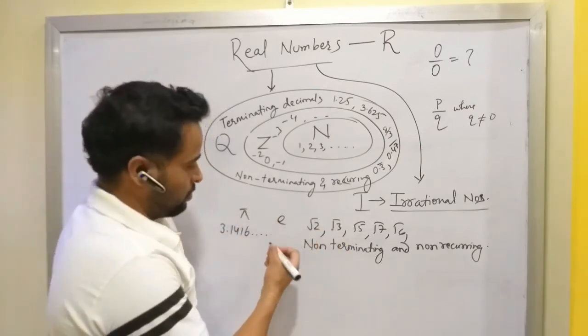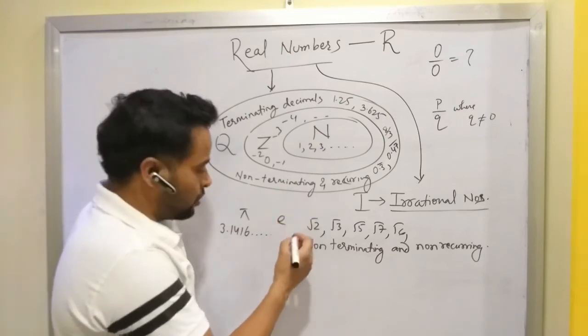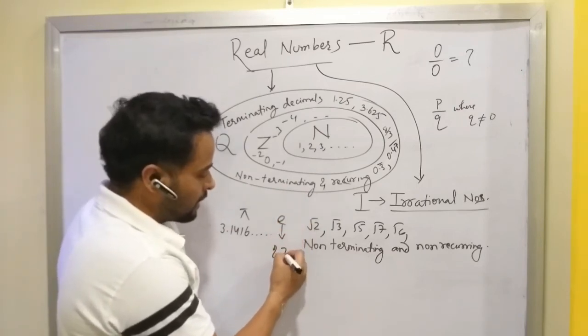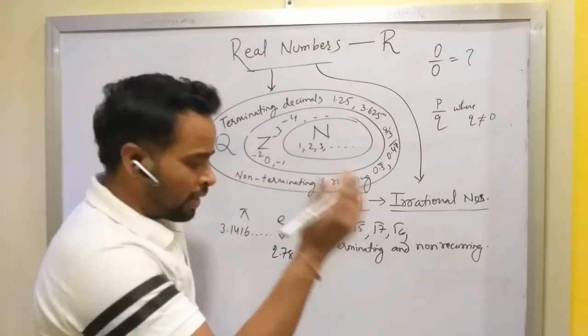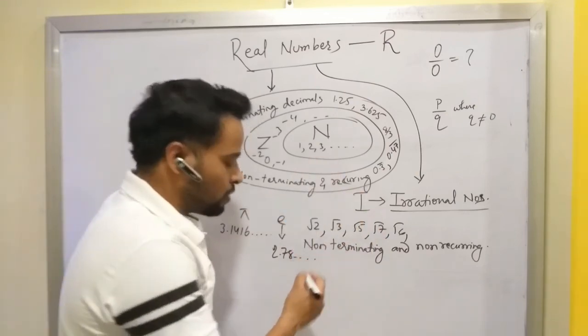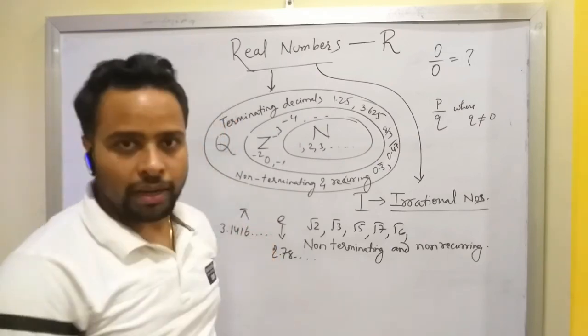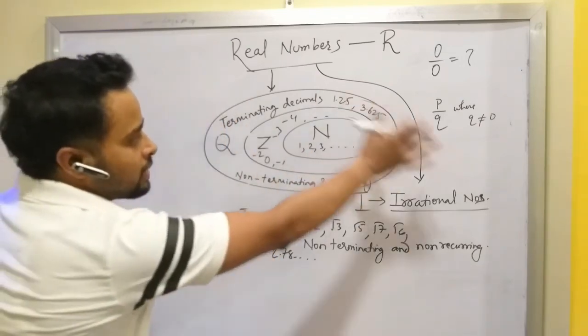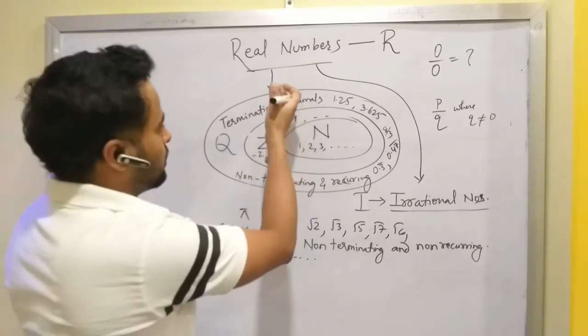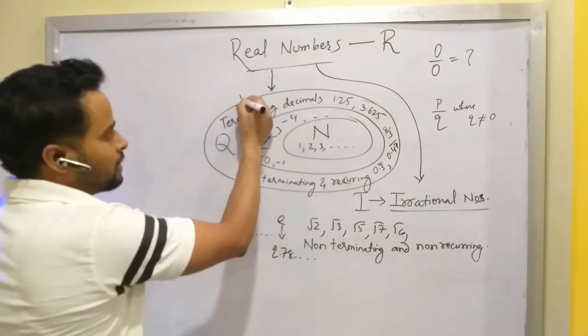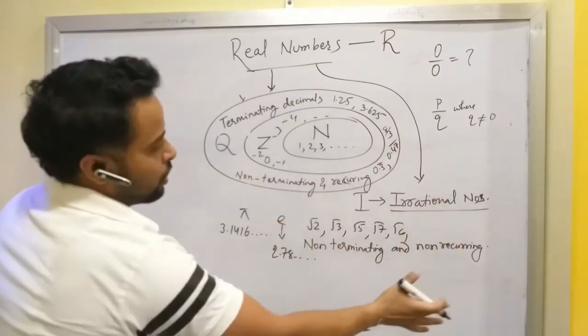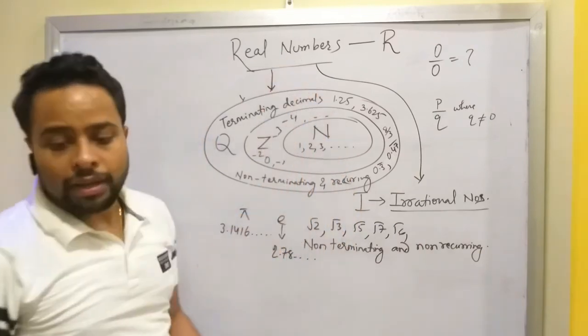You must have seen the function e to the power x also. It is 2.787765, whatever comes, I don't know after this. So this is also an irrational number. Whether it is rational or irrational, together they are real numbers.